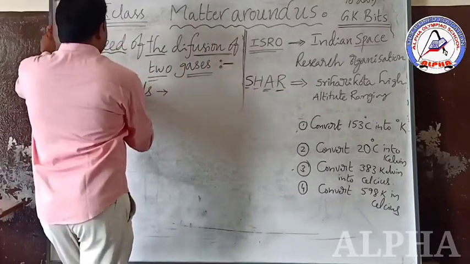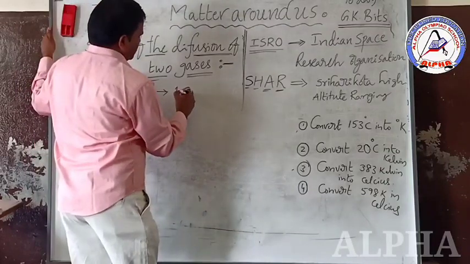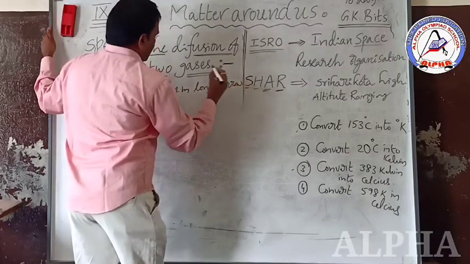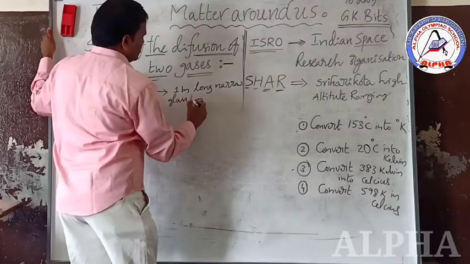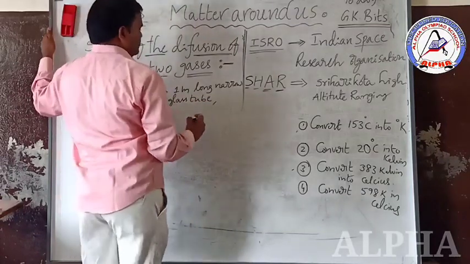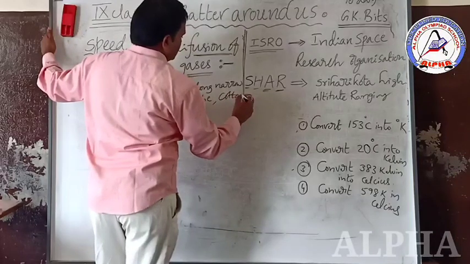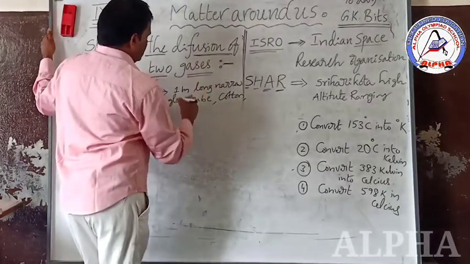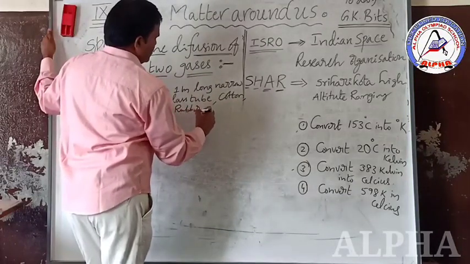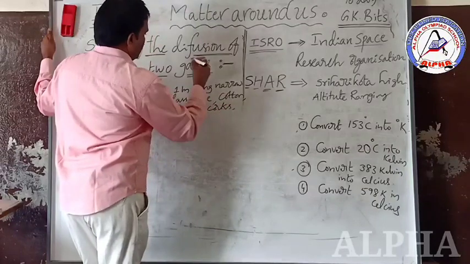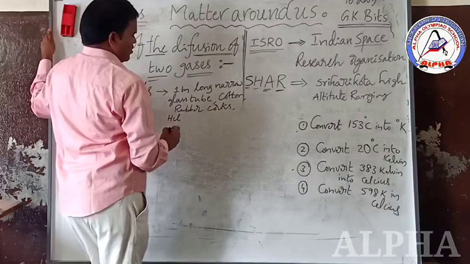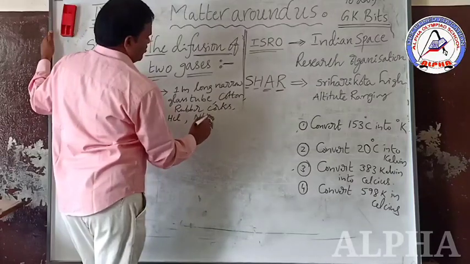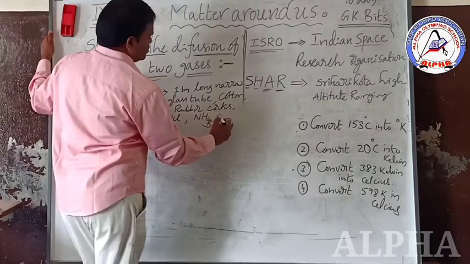Materials: a 1 meter long narrow glass tube, cotton pieces, cotton plugs, rubber corks, HCl (hydrochloric acid) and ammonia solution, NH3 solution.